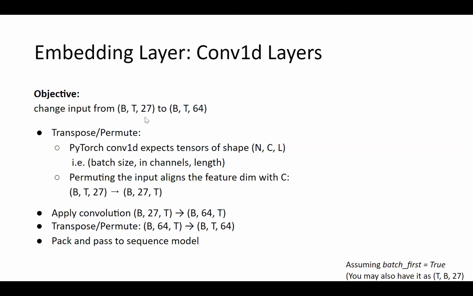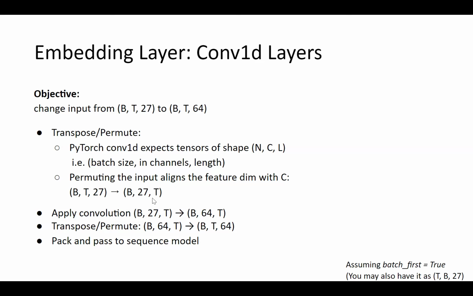When you apply a 1D CNN, the CNN expects the channel dimension to be the first dimension and not the last. But here 27 is the last dimension. So before you use the CNN in the embedding layer, you need to transpose the first and second dimensions such that it is B cross 27 cross T.